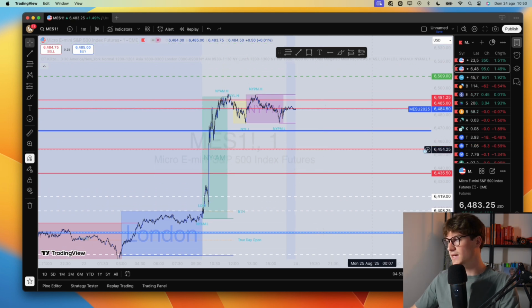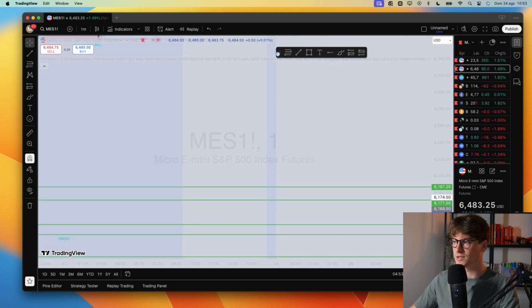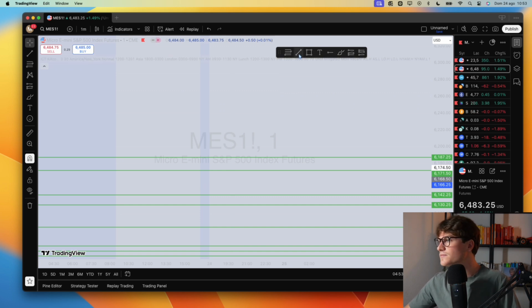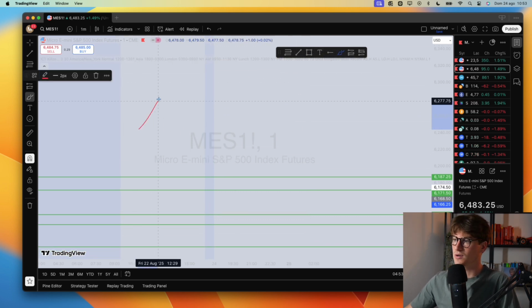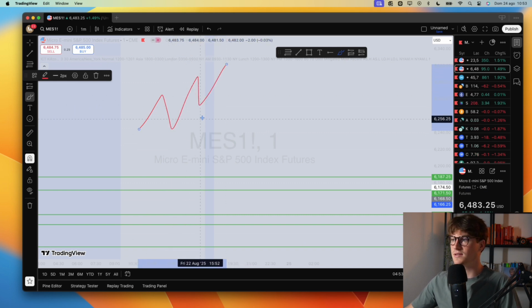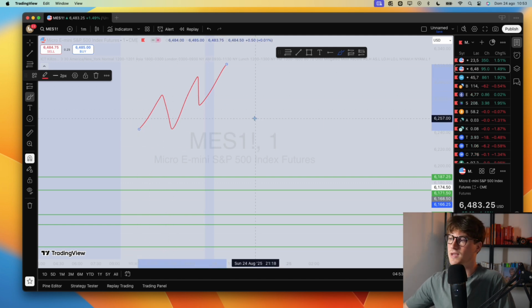So basically, SMT divergence is when, let's draw, always fun to draw. Okay, so let's say this is NQ. NQ is moving higher, doing higher highs. But what's ES doing?